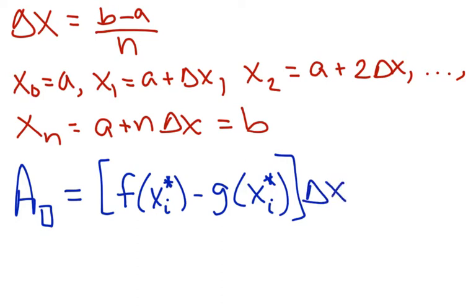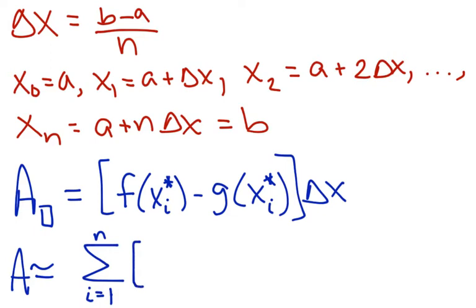So as we did before, we set up our subintervals, figure out our delta x, set up the subintervals, figure out how to represent the height of one of the rectangles so that we can represent the area of one of the rectangles, and we calculate the area. Now, of course, we're going to need to add all these areas together. The actual area is approximately equal to the sum from i equals 1 to n of adding all these areas of these rectangles together.